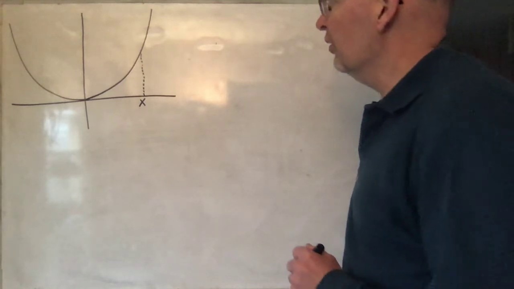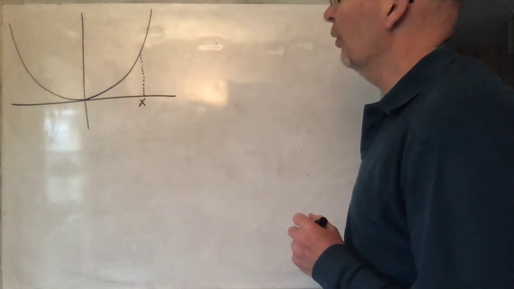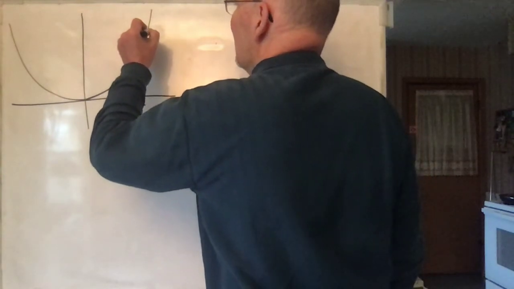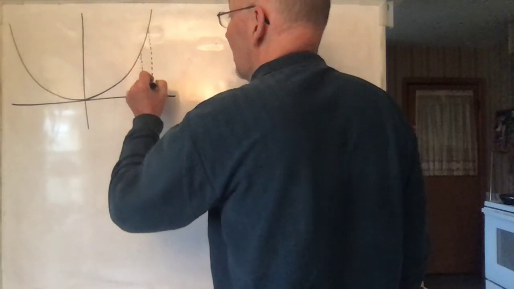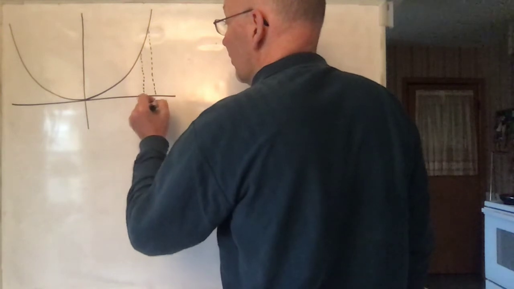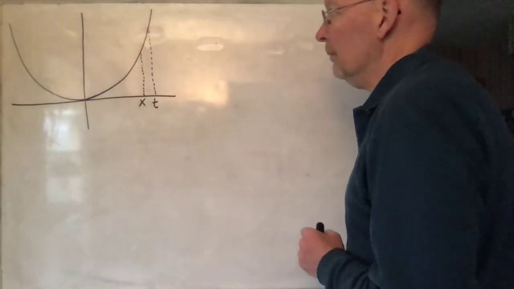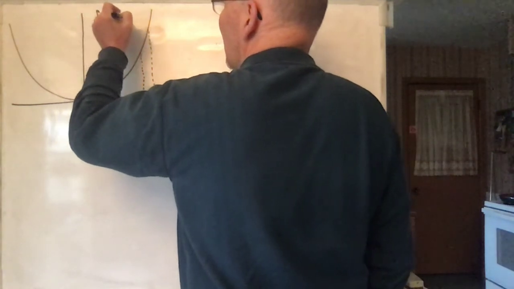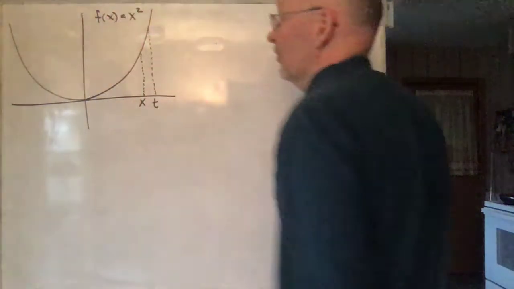Here's what we're going to do. Remember, this is something we've done before. I'm going to choose another point a little bit away from it. Let's call that the point t. This is the function x squared.